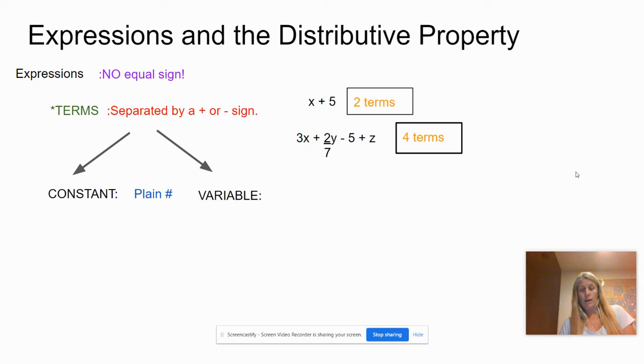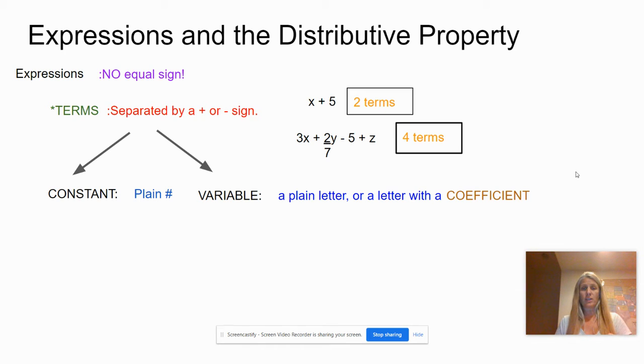A variable, on the other hand, is a letter such as X or Y or A or C. So it's a plain letter, like you can see the Z or the X up above. However, it can also have a coefficient. A coefficient is a number in front that symbolizes multiplication, or something like 1/3 that would be multiplied by 1 divided by 3.